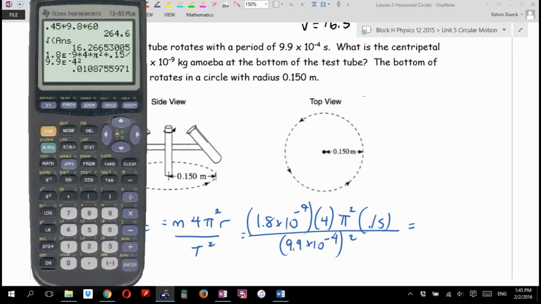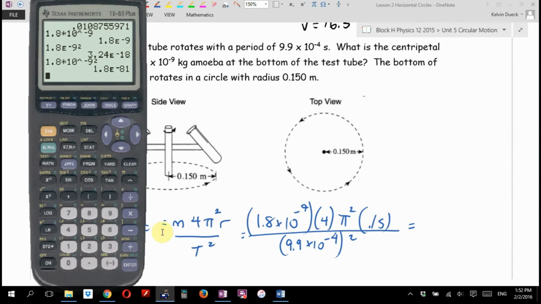They might make you type pi times pi. Some will. Most will. But some won't let you do that. If you're not getting that, you might want to give me a holler. And don't clear your calculator.